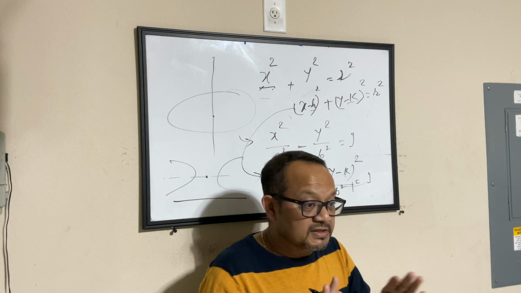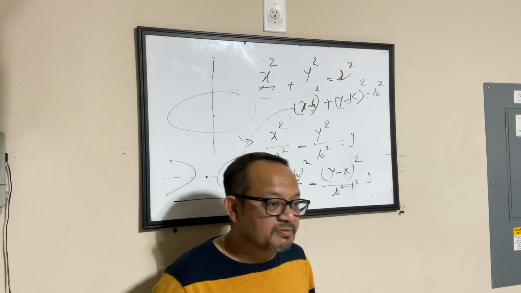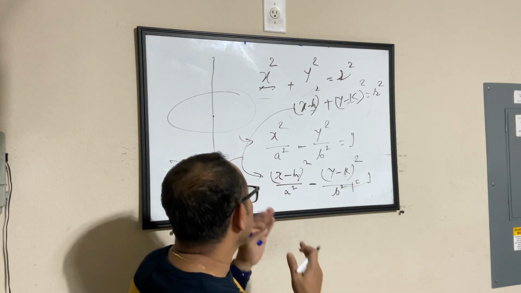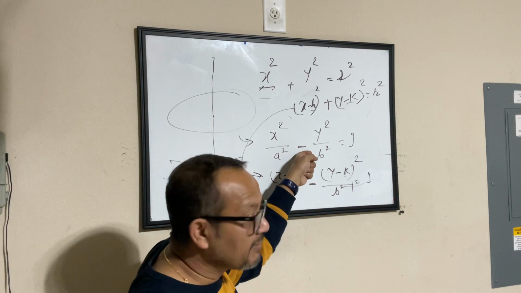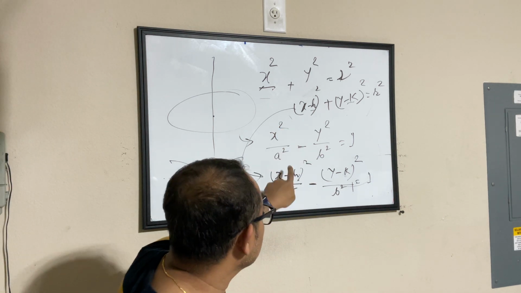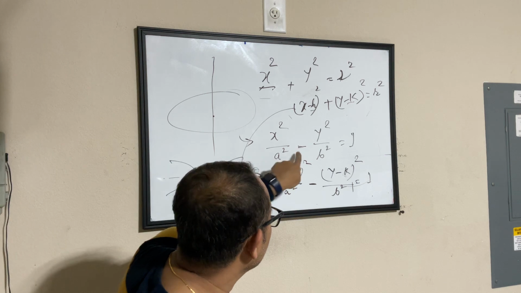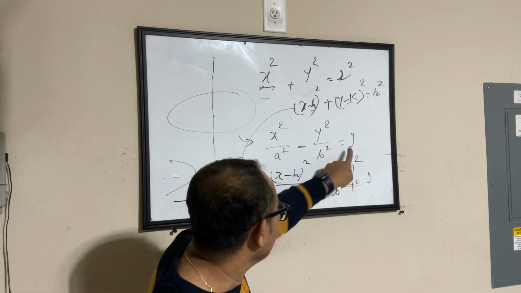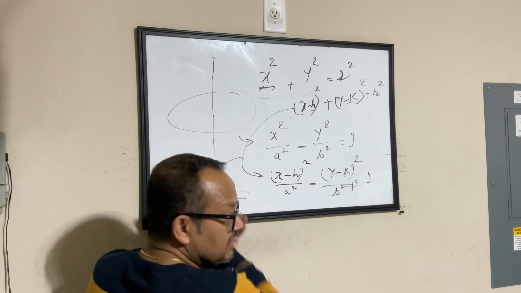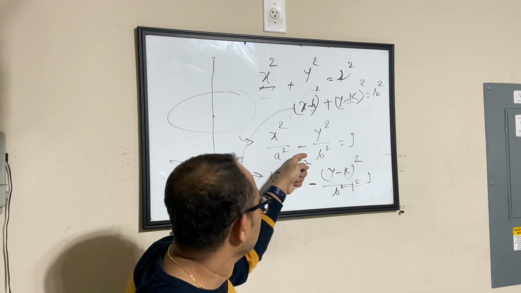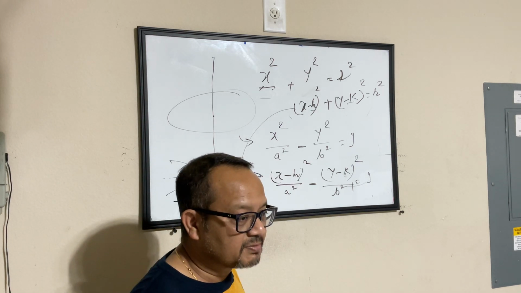And again, this is not a legitimate definition. I'm just helping you guys relate. So I have the equation for ellipse. If I introduce a minus, earlier in my equation of ellipse, it was x squared by a squared plus y squared by b squared equal to 1. If I introduce a minus, meaning I'm cutting it open and I'm bringing a negative flavor of it, that becomes my equation for the hyperbola.